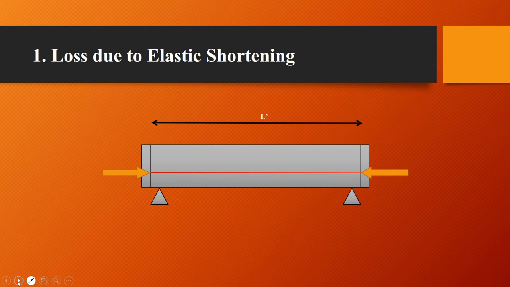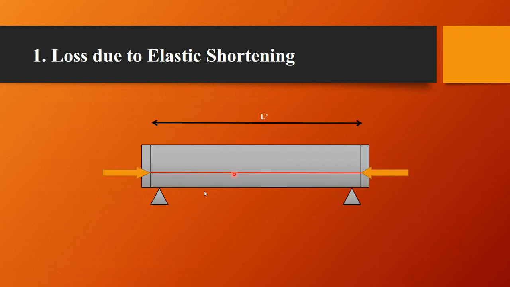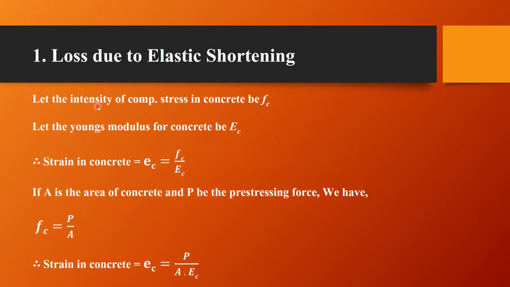Okay. For this we have to discuss one small derivation. For simplicity, let us consider the same kind of beam made up of concrete, and the grade of concrete is known to us. Let the intensity of compressive stress in the concrete be Fc, which depends on the grade of concrete.